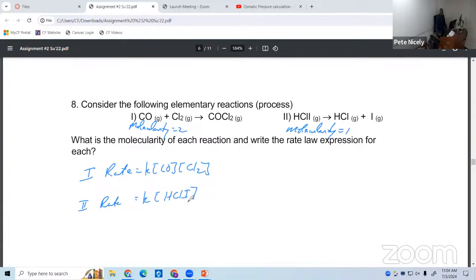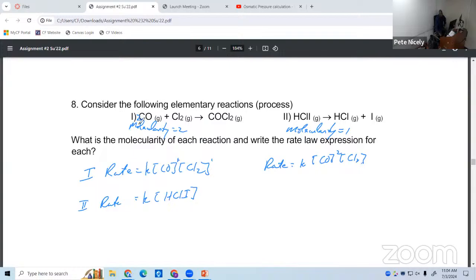So you don't have to worry about the order, it's just CO to the first power. Right, exactly. If it's just one of them, then it's just to the first power. But if it was something like, I'm just going to make up something here, let's say you had a 2 here, then the rate equation would be K times the concentration of CO squared times the concentration of Cl2. You see what I'm saying?